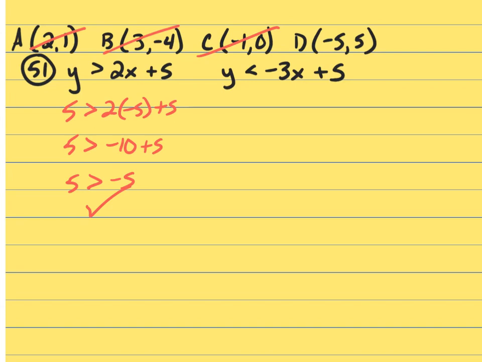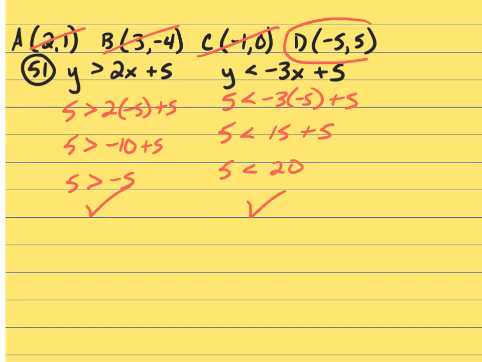Now let's check it for the second inequality. 5 is less than negative 3 times negative 5 plus 5. 5 is less than 15 plus 5, and 5 is less than 20. Again, that is a true statement as well, so D is the only point that worked for both inequalities.